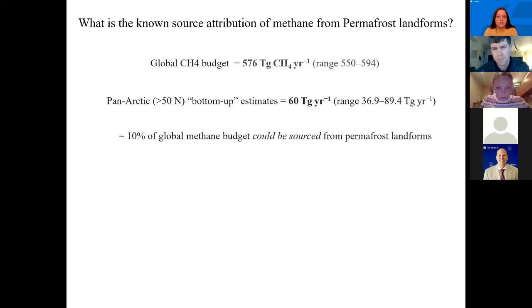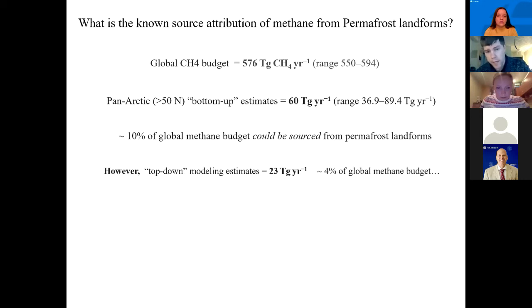So you can see that methane emissions from the Arctic are not the driving force, right? They're not even in third place right now. And so currently we have this baseline of where methane in the Arctic is contributing, and it's not significant right now.